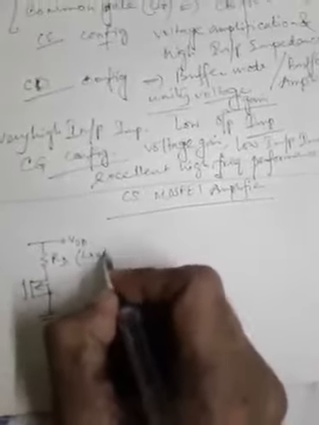The circuit will look like this. This is the MOSFET. A DC biasing voltage VDD is applied here. This is the resistance RD, which is considered here as the load.